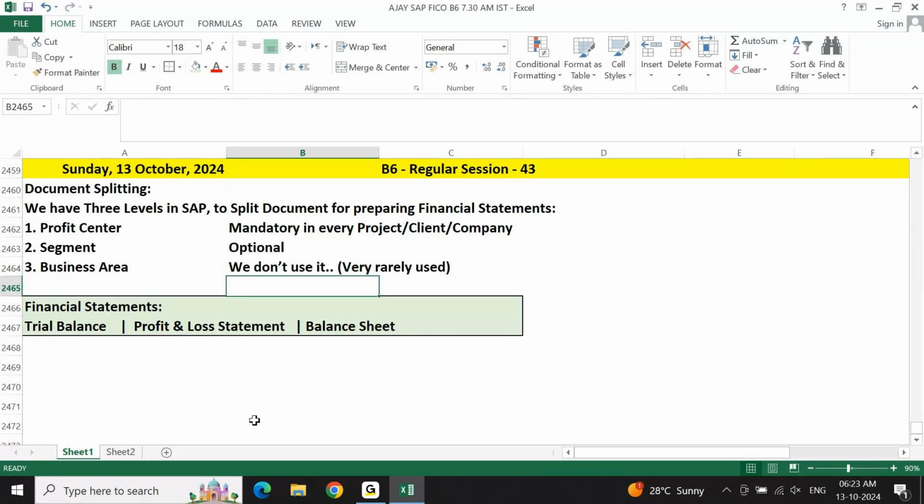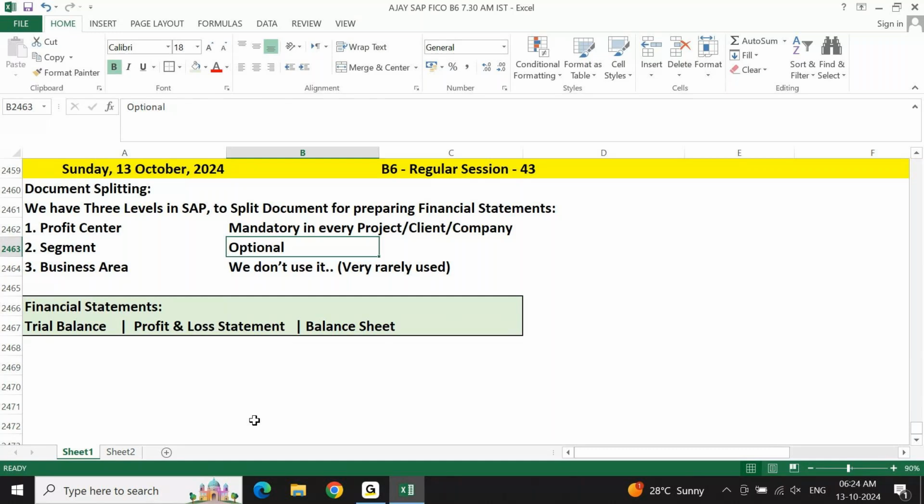When I say you can ignore it, tomorrow somebody might definitely ask a question: what is document splitting, at what level did you work on document splitting? Always make sure profit center is mentioned as mandatory, because no SAP system works without document splitting at profit center level. You strictly mention that document splitting at profit center level is what you defined in your project, or what was in place in your project.